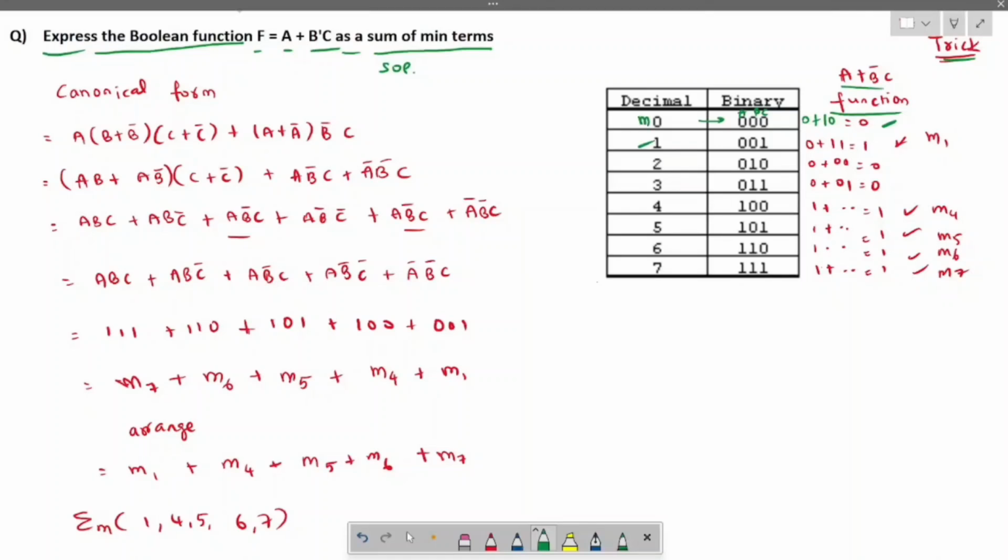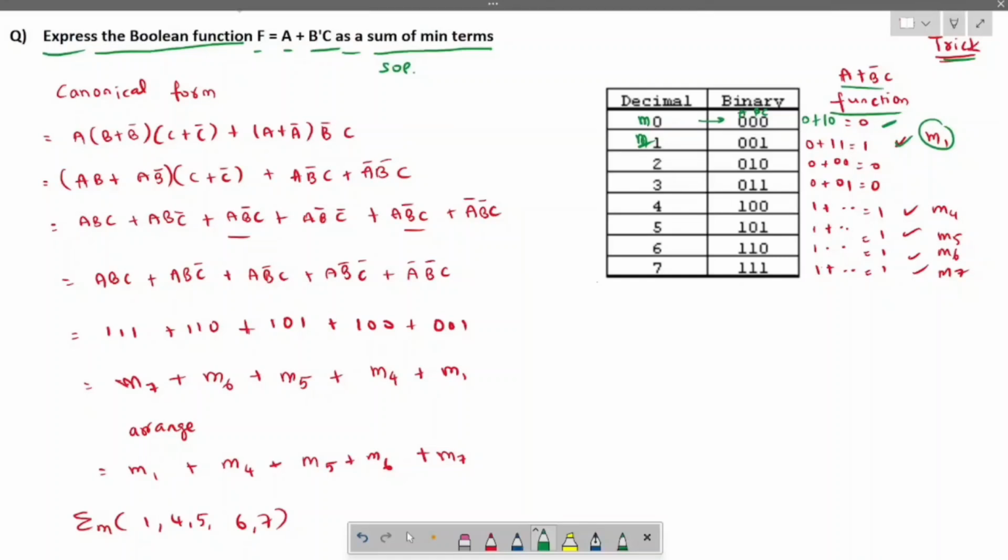For m1, it is 1 plus 1, which is 1, so we get m1 as a minterm.